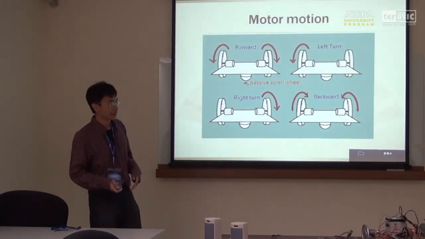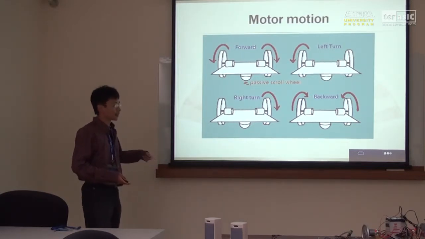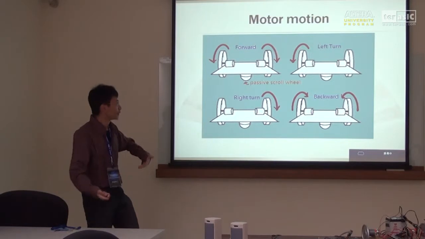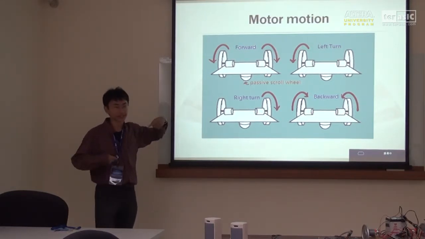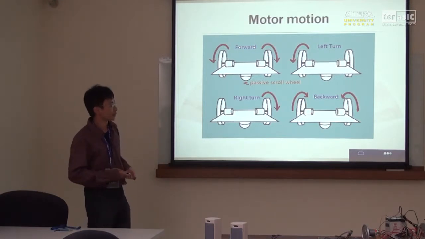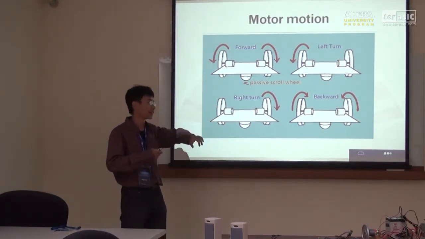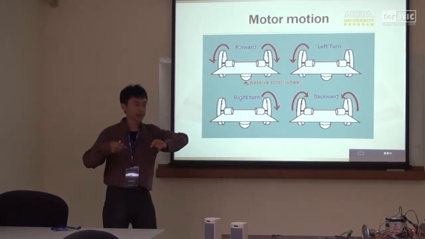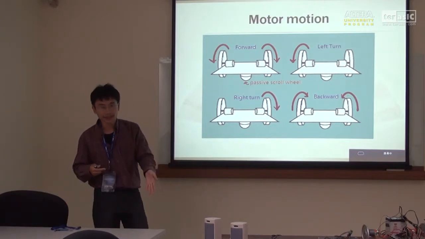And how does the motor work? If we want this car to go forward, we make both motors turn forward. And if we want only a left turn, the right wheel goes forward and the left wheel stays still. Okay?